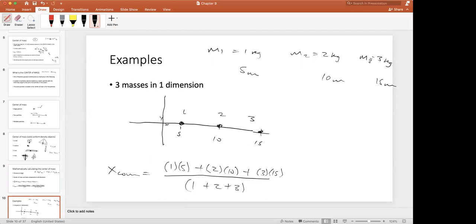Now this is 5 plus 20 plus 45, which is 70, over 6. So 70 divided by 6 gives me 11.7 meters. So that means my center of mass for these 3 masses act as if they are a 6 kilogram mass located at 11.7 meters from the origin.